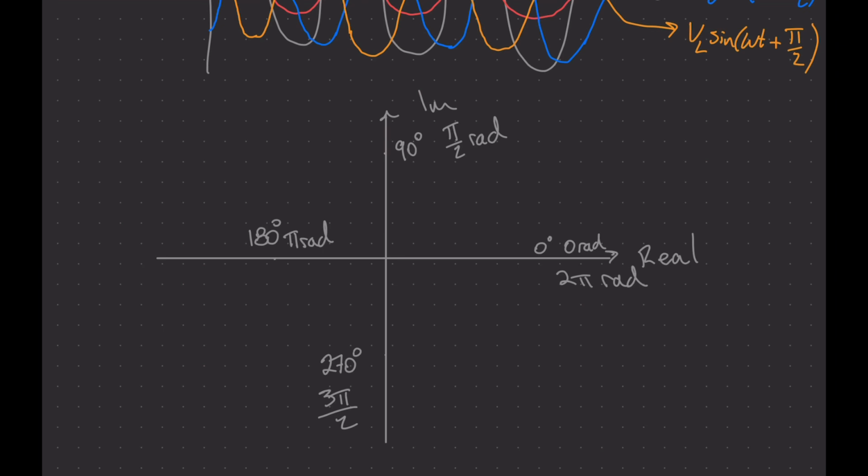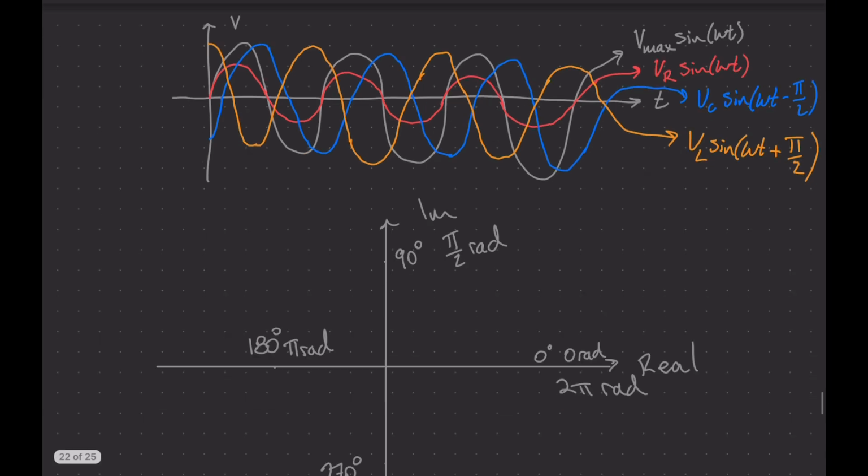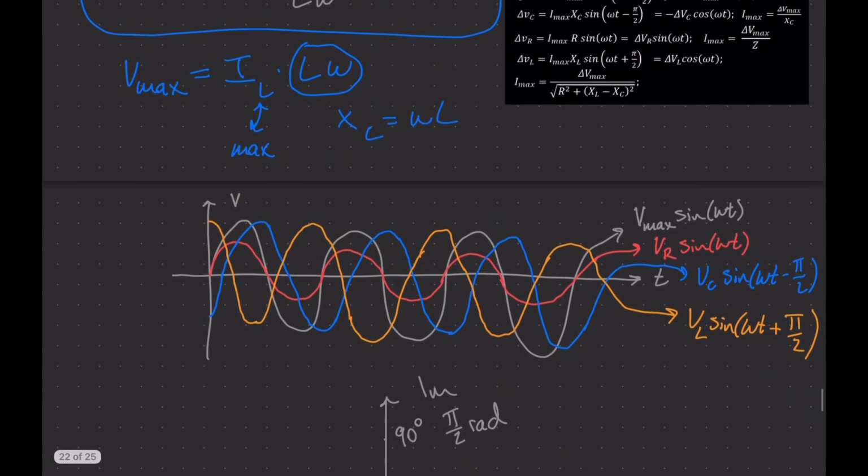So you can actually plot these phase differences on a graph like this called a phasor diagram. So typically you can plot this resistance one over here. The resistance is at 0 because it doesn't have a phase angle over here. It's plus 0. It's in the same phase as the voltage, right?